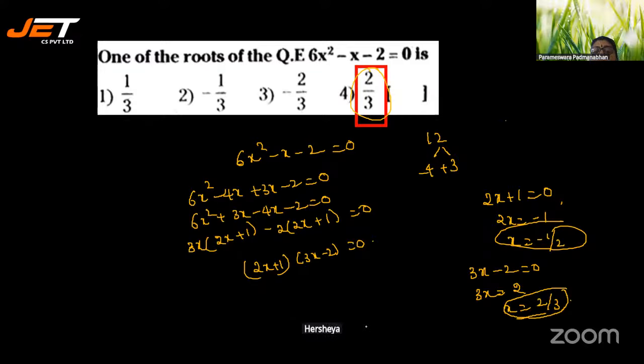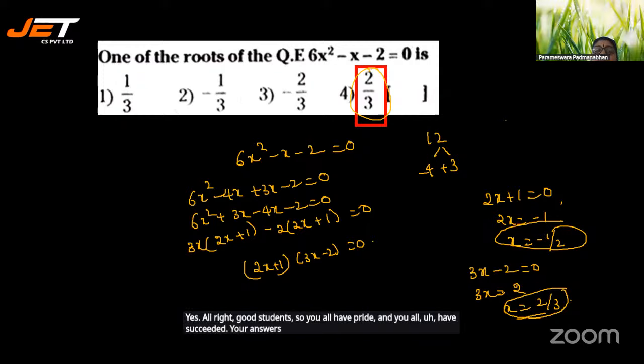Harshavardhan, Harshita, Varshita, Shrija, Snigdha, Meenakshi, Indu Priya, Satvika. All right, good students. You all have tried and you all have succeeded. Your answers are right.